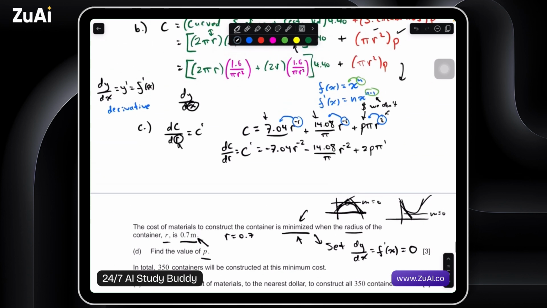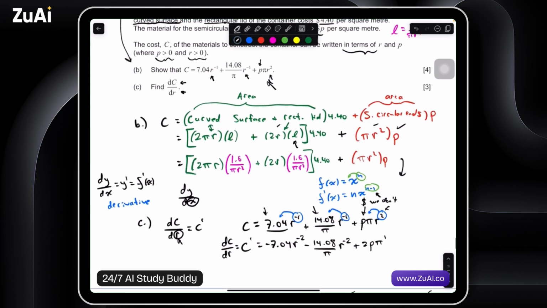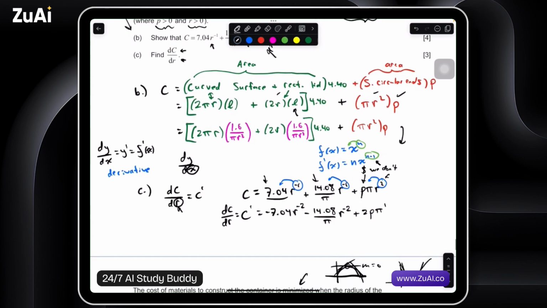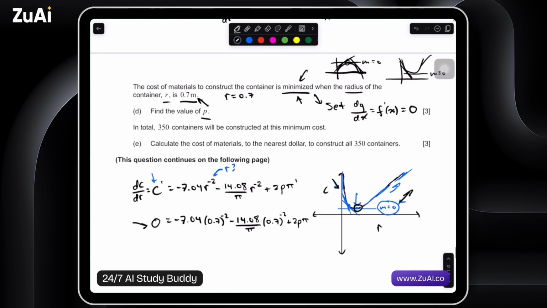Is that all it is? Our derivative, no, it's 2p pi r to the 1. So r squared becomes 1. So 2 pi r, and then r once again is equal to 0.7.